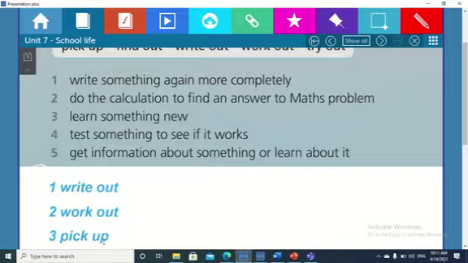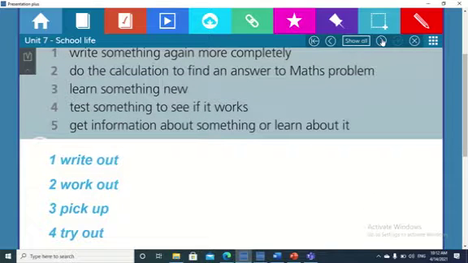You didn't mean to pick up this knowledge. Just like when you go to another country and you pick up some new words, it's not systematic learning like going to school or taking a course. To pick up is to learn something new by accident.